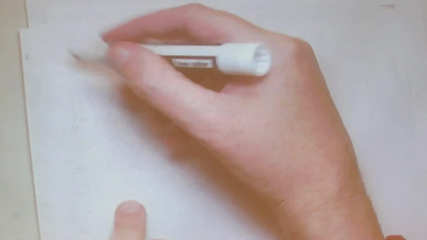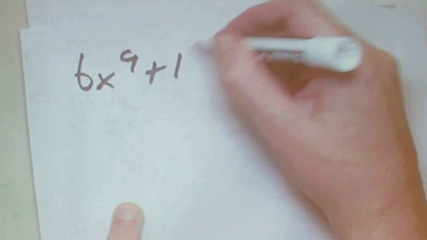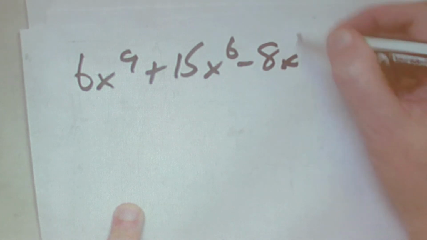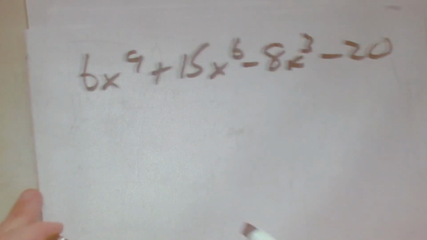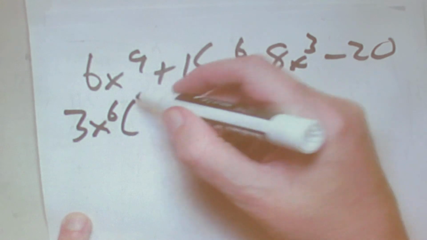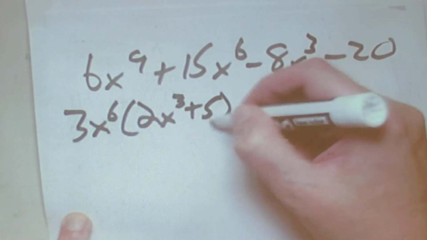Next is going to be another with 4 terms. So 6x to the 9 plus 15x to the 6 minus 8x to the 3 minus 20. So for the first two, we can factor out a 3 and an x to the 6. We're left with 2x to the 3 plus 5.